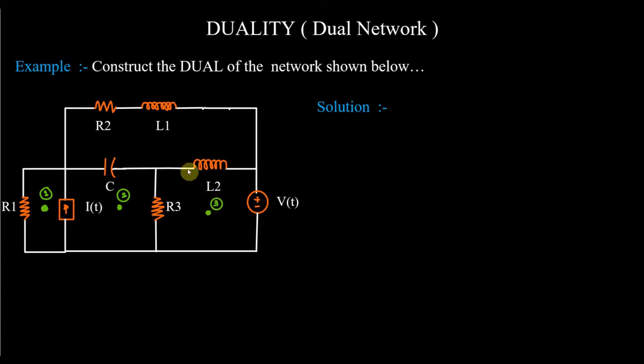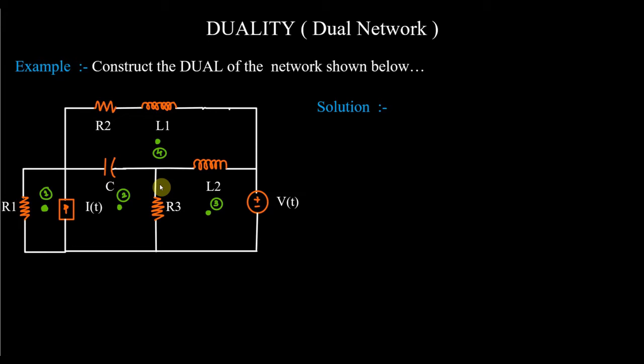And you can see here there is one another mesh at the upper side of this network. So I will take this as number 4. So you can see that in this network we basically have 4 meshes. To draw the dual network, there are certain conditions.